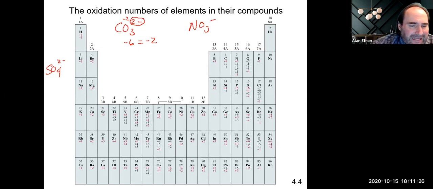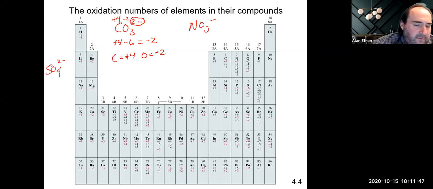That means, to get us to -2, +4 would be the oxidation state of carbon in carbonate. And that's why it has a -2 charge. Carbon is really +4 in this case, and the oxygen is -2 in terms of its oxidation number.